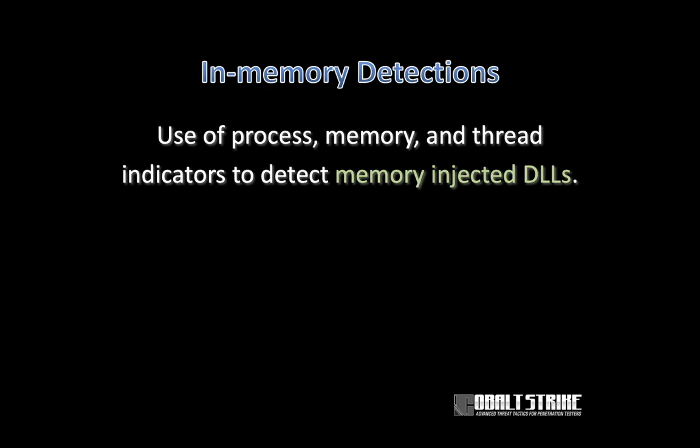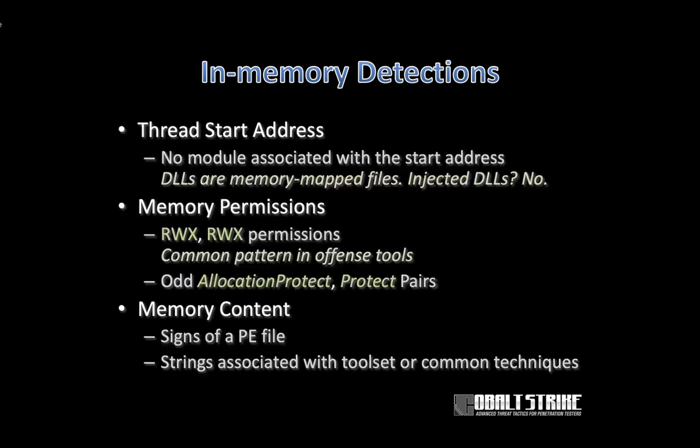In-memory detections are the use of process, memory, and thread indicators to detect memory-injected DLLs. Here are the common in-memory detection strategies. One strategy is to look for a thread start address that is not associated with a memory mapped file. In most programs, any executable region of code is going to be a memory region that is also a memory mapped file.